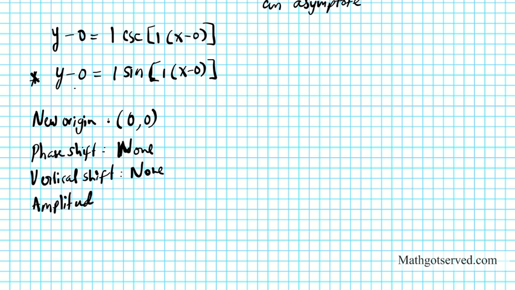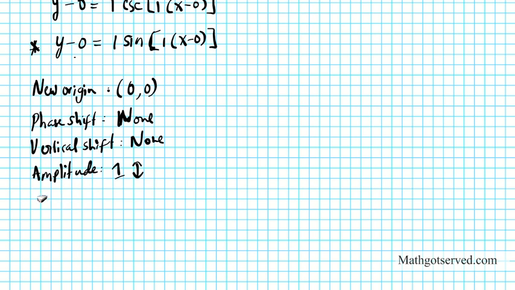The amplitude is 1. That's up and down, 1 unit. The period. A period is 2 pi over b. And b in this case is 1, so it's just 2 pi. So we know that 4 ticks is going to be 2 pi. And the frequency is 1 over 2 pi. Okay, we already know how to determine that.